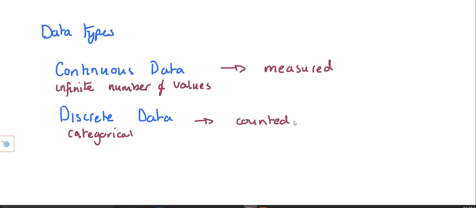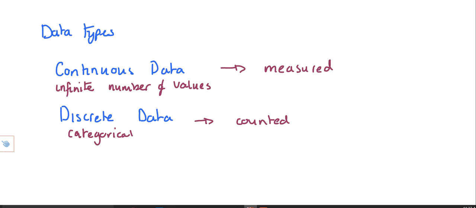So there's a difference between measured data and counted data. When I say categorical, as Leah said, they are in categories: red, green, colours, that kind of thing. So those two data types are displayed differently.